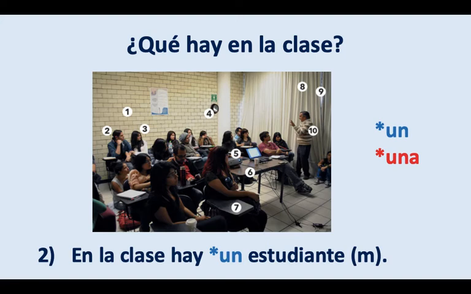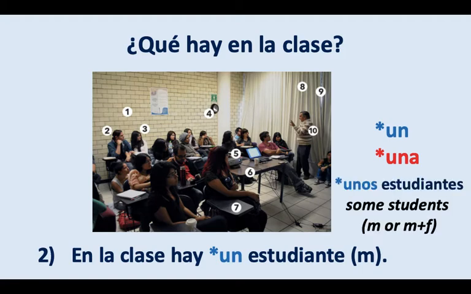Now, this is kind of interesting because there are several male students. So how would I say there are some students? There's not just one male student. You use unos. En la clase hay unos estudiantes. So you make your noun plural and you change un to unos. You change a or an to some.